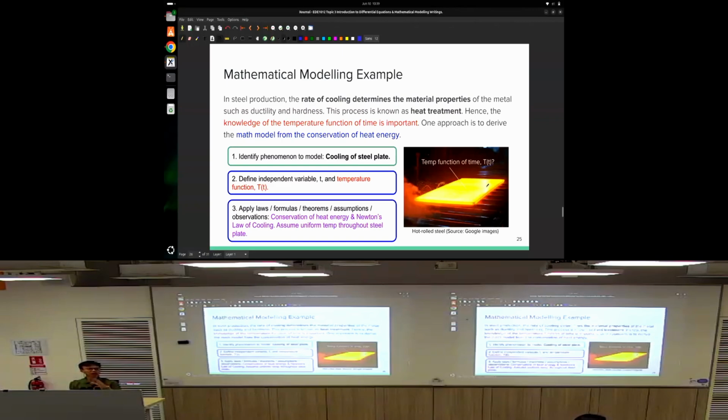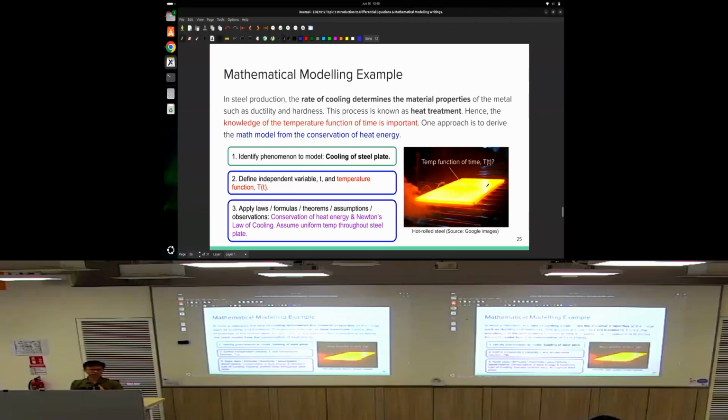You have to cool it very slowly. In fact, interestingly, if you want to create a very soft kind of steel, what you need to do is put the steel in a furnace or an oven such that it is controlled cooling. You cool over a very long period of time, then it becomes a very soft material.